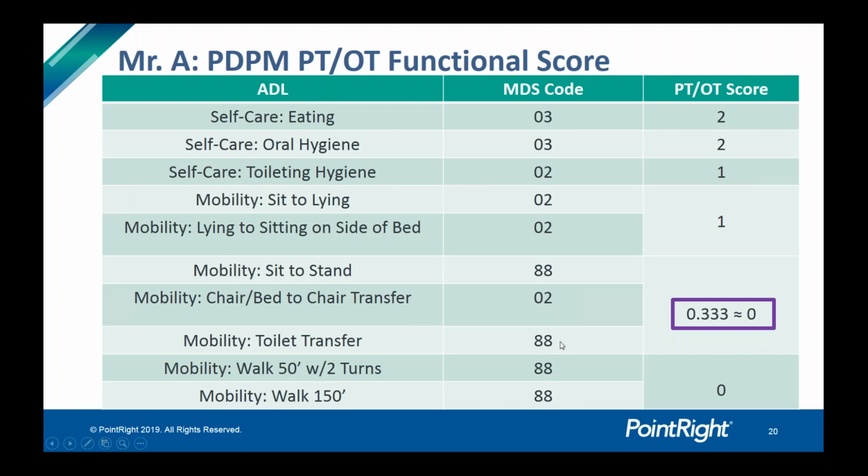Well, in this case, a 0, a 2, and a 0 gives you an average of 0.333. You're going to round that down. It's mathematical rounding, so that comes out to a 0. So that's something I had to investigate a little bit and do a little playing around with the PDPM calculator that CMS has distributed. So that comes out to a total functional score of 6 for PT and OT.